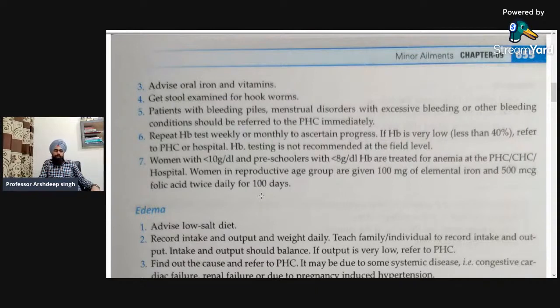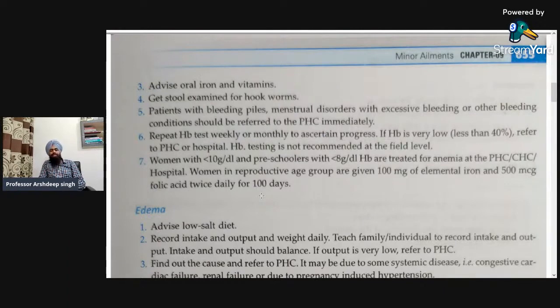Women with less than 10 gram per deciliter, and preschoolers with less than 8 gram per deciliter Hb, are treated for anemia at the PHC, CHC, or hospital. Women in the reproductive age group are given 100 milligram of elemental iron and 500 micrograms of folic acid twice daily for 100 days. That is the recommended dose under the National Nutritional Anemia Prophylaxis Program.